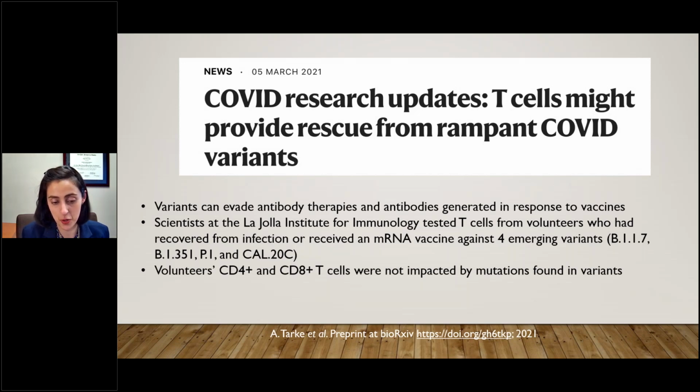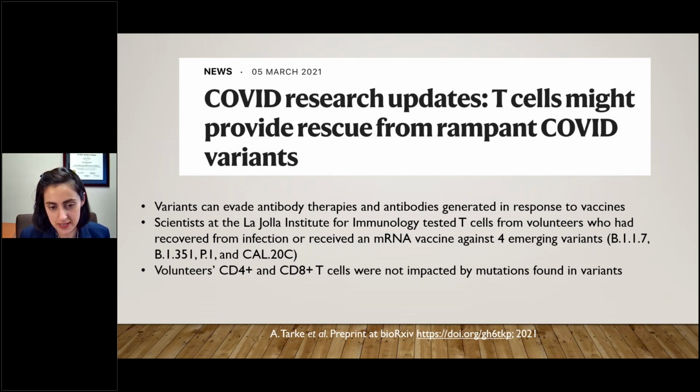These vaccines have by no means failed in any way. In fact, they're a huge, resounding success. Again, just to emphasize, the end game is to prevent people from dying. Along the way, we're going to prevent people from infecting each other, and hopefully arrive at a place where the virus is under much better control. If those are the goals, all the vaccines we have available are highly effective.